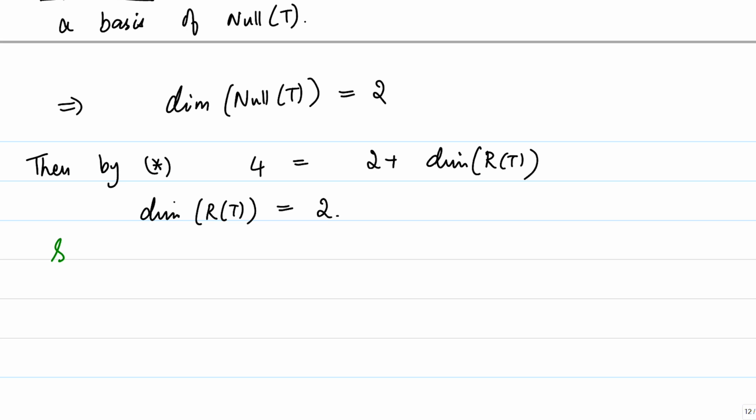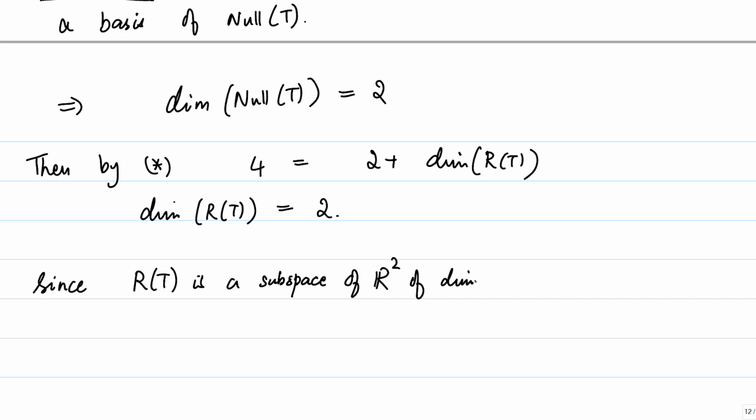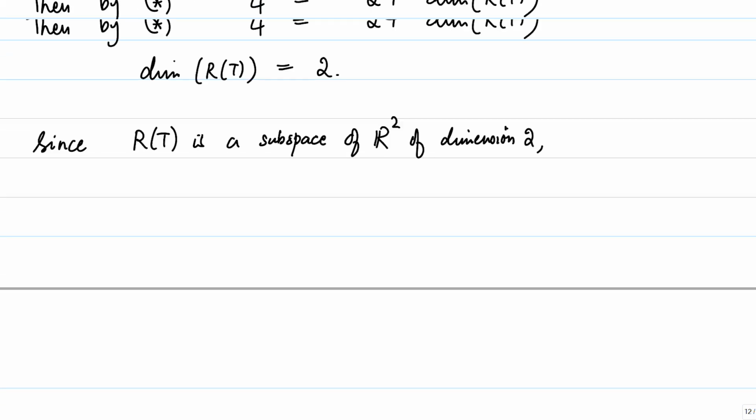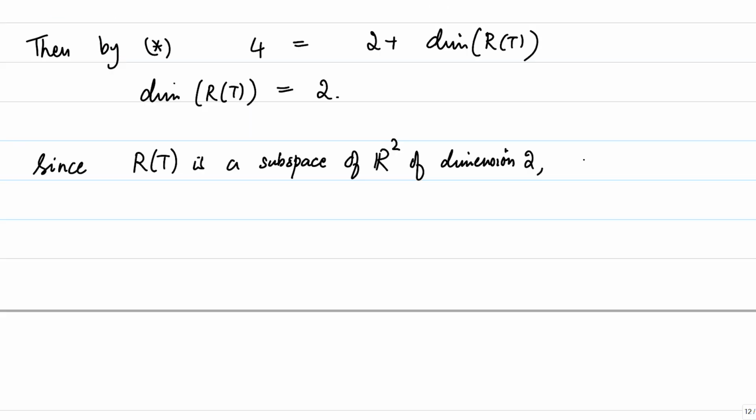Since R(T) is a subspace of R2, which is a vector space of dimension 2 itself, what is forced?